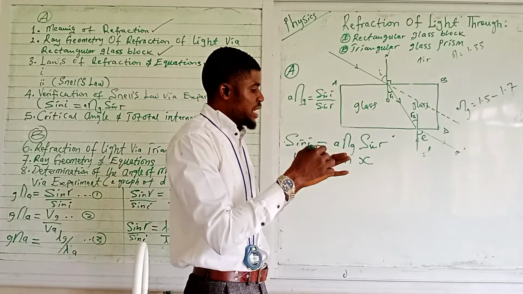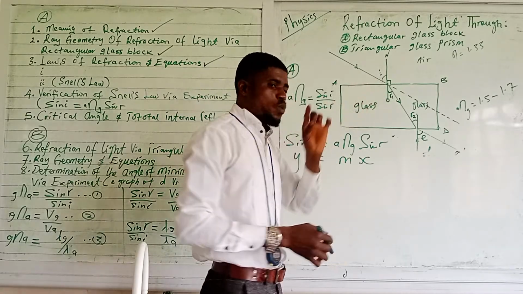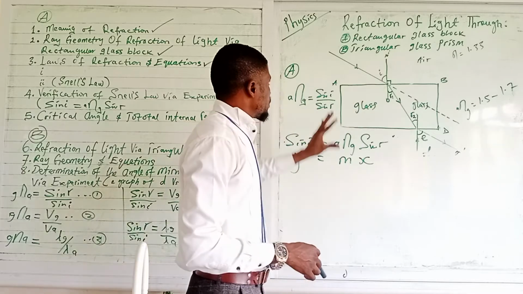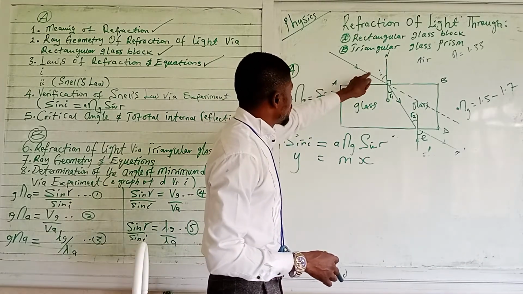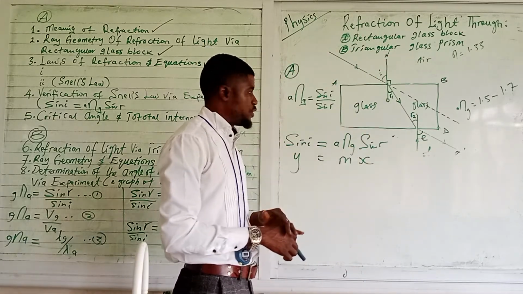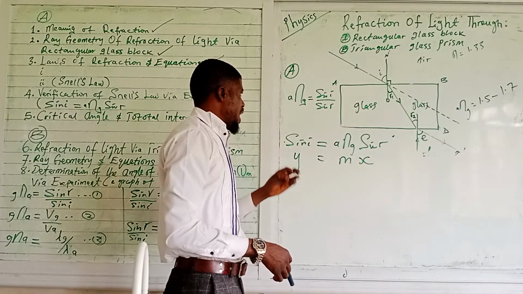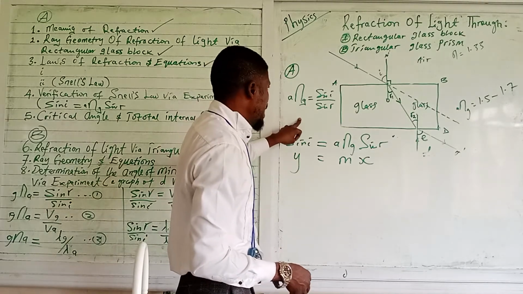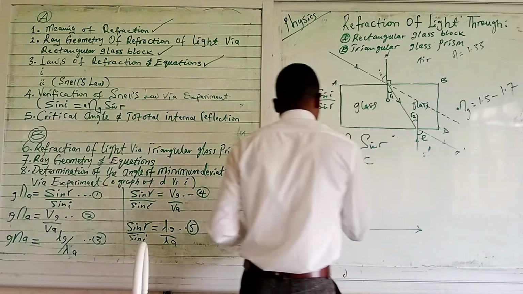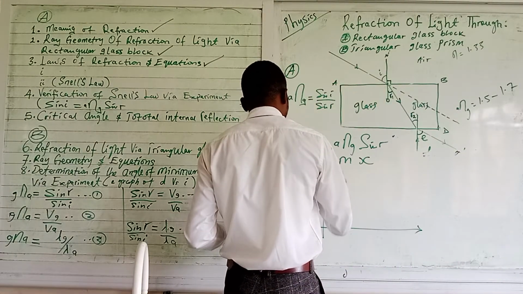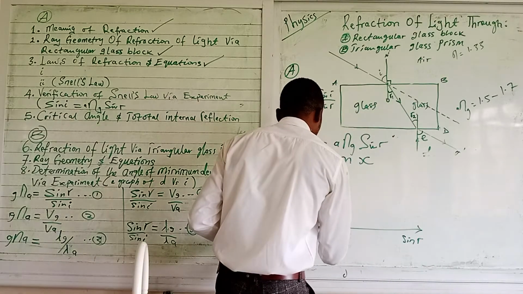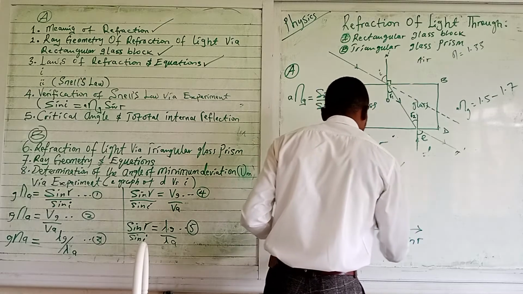So you may run an experiment having several of these, which is what I'm going to do in the subsequent videos, where you put pin 1, pin 2, pin 3, pin 4, and then you do all the geometry to get all the angles involved. And in that case, you are asked to plot a graph of sine I against sine R. A graph of sine I against sine R will give you a straight line graph passing through the origin.